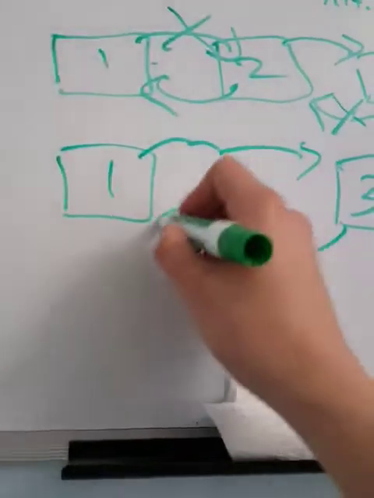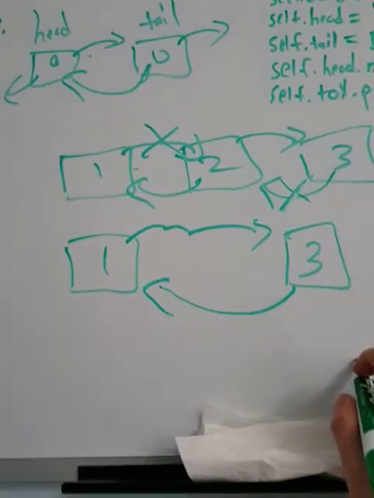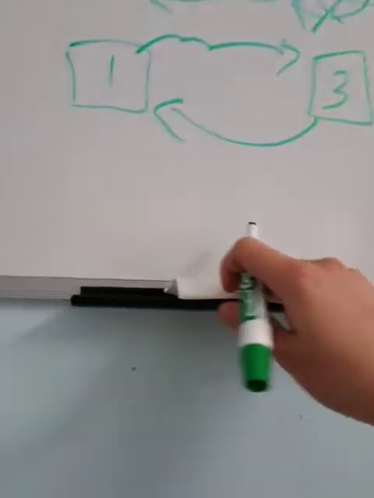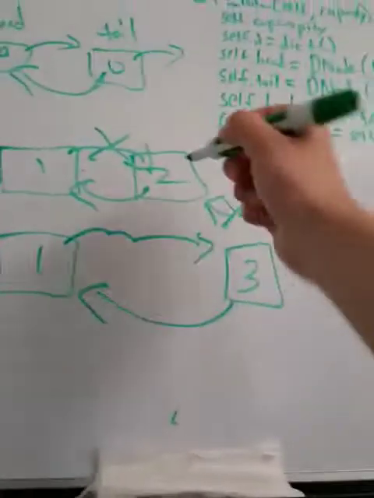That looks like we removed 2 completely, and the garbage collector will essentially get rid of the node 2.